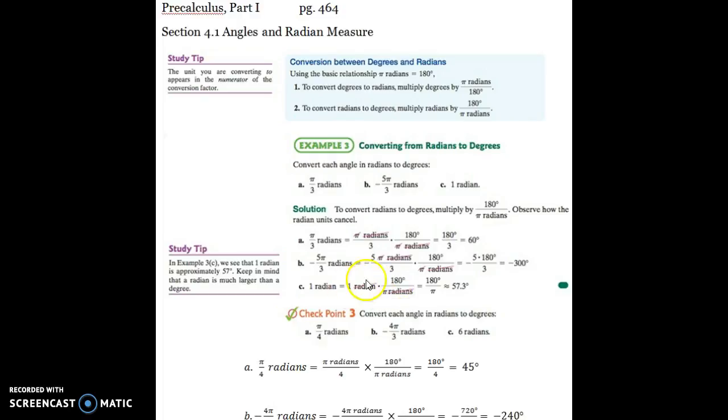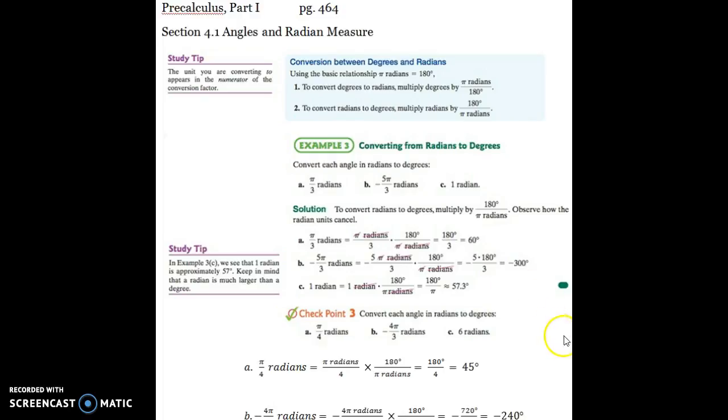So it's 1 times 180 over pi. Now we actually have to divide by pi, which is going to give us an approximate answer. So 180 divided by, hopefully you have a pi button because it's more accurate, otherwise 3.14. And that gives you about 57.3 degrees.